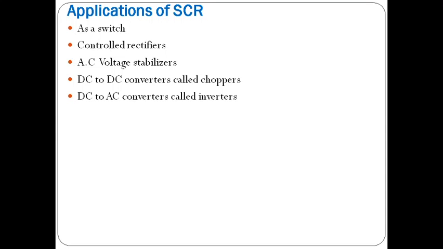Most of the cases these silicon control rectifiers are used by electrical department students, in DC to DC converters that are called choppers or DC to DC boosters, and DC to AC converters called inverters. We know AC to DC converters are rectifiers, and DC to AC converters are inverters.